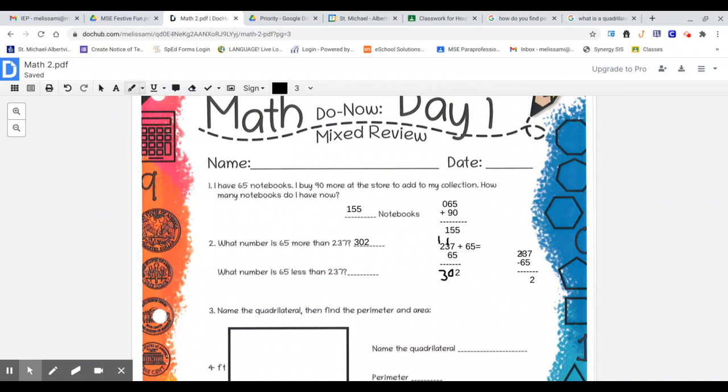So I'm going to need to borrow from my 2 to get 1, and then I'll have 13. 13 minus 6 is 7. 1 minus 0 is 1. So when I go 237 minus 65, I get 172.